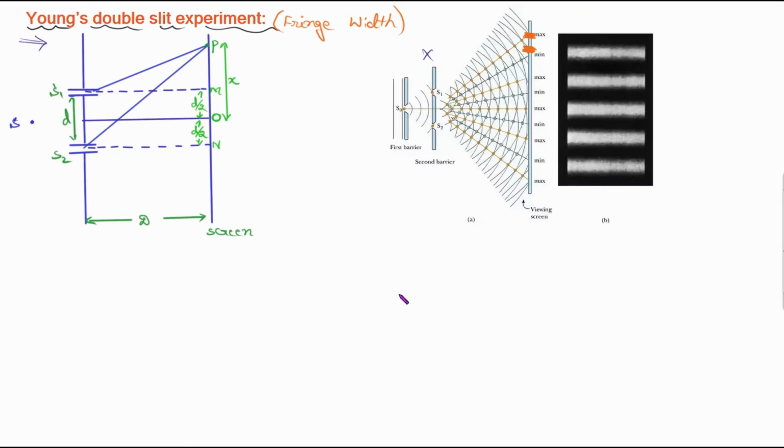Now let's derive the equation further. As I said, we need to calculate the fringe width. That means here on the screen you will get fringes or the bands like this. One dark band you will get, after that one bright band, after that again a dark band.